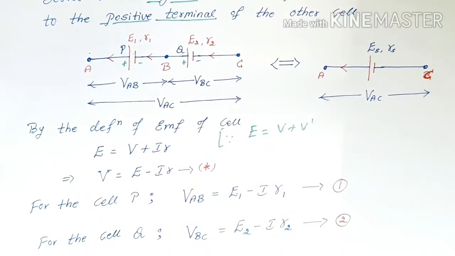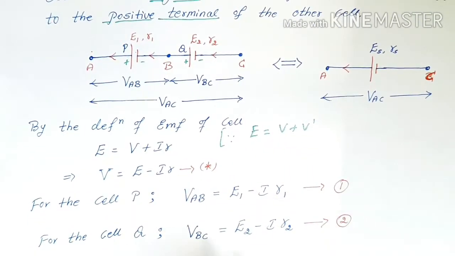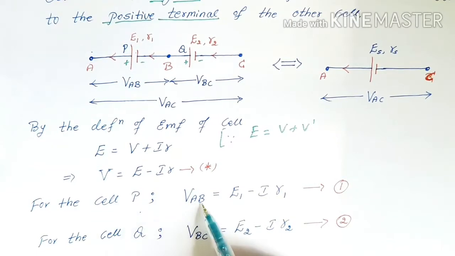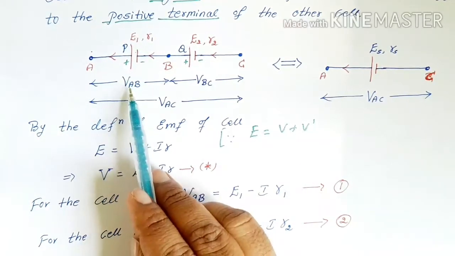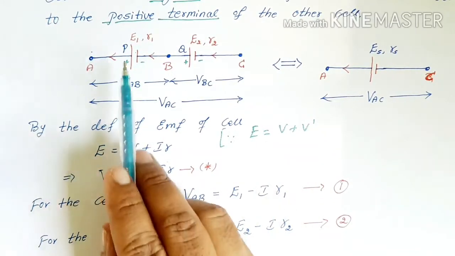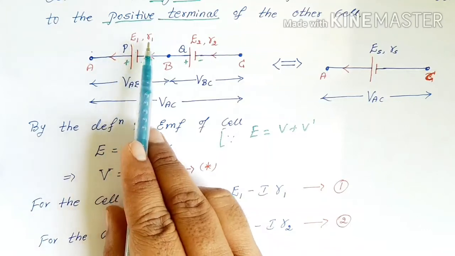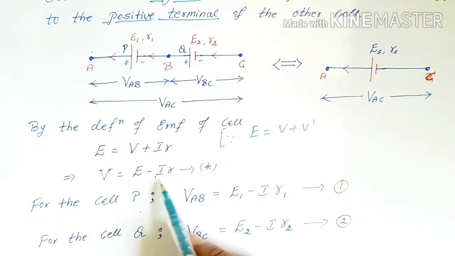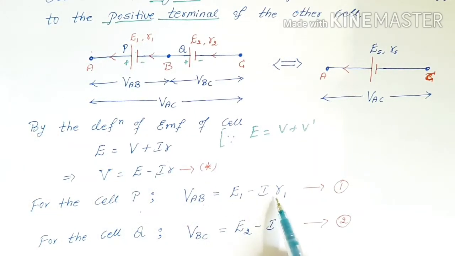This equation we are using as a standard equation now to find out the potential difference across each cell. Now first find out the potential difference across the cell P. So that is a VAB across the cell P, VAB. So just follow this equation, E1 minus IR1. For the first cell EMF is E1 and the internal resistance is R1. Just substitute in this equation E1 minus IR1. I is a constant, right?